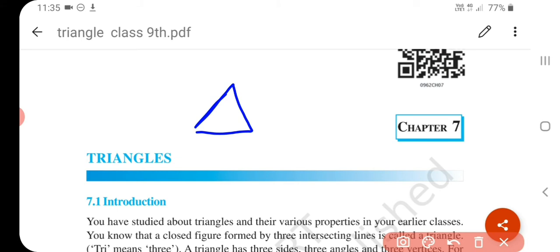If we name them A, B, C, then AB, BC, CA is the side of a triangle, and angle A, angle B and angle C are the angles of this triangle, and A, B, C are the vertices of this triangle.